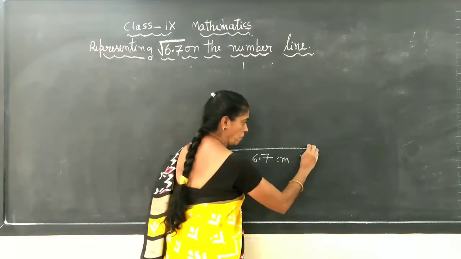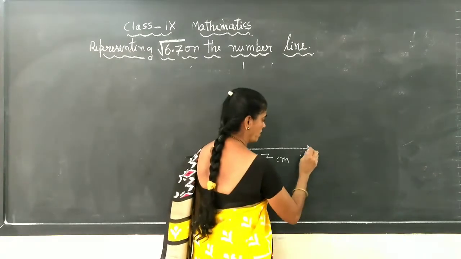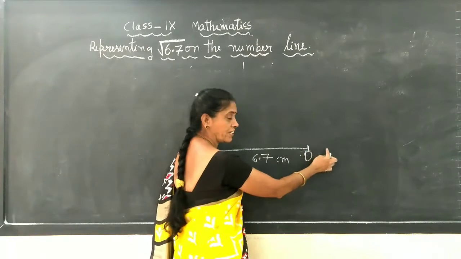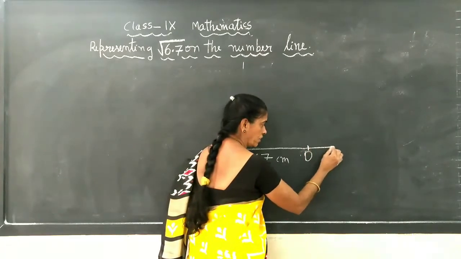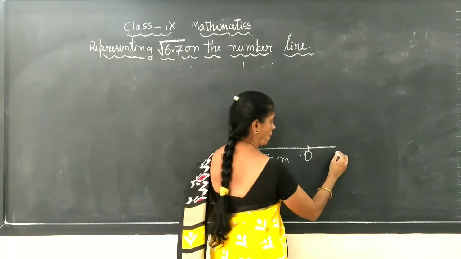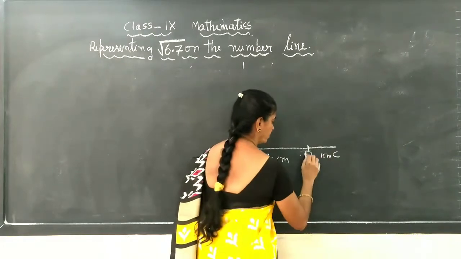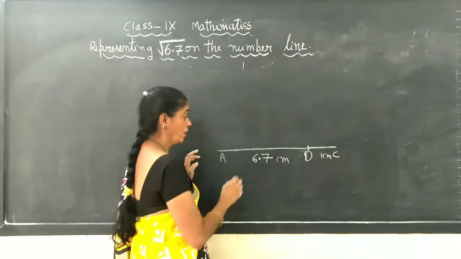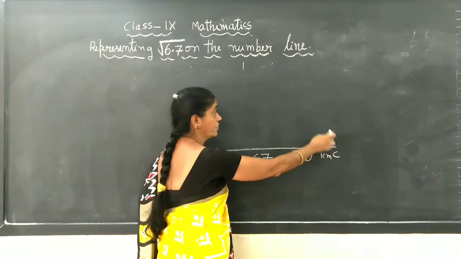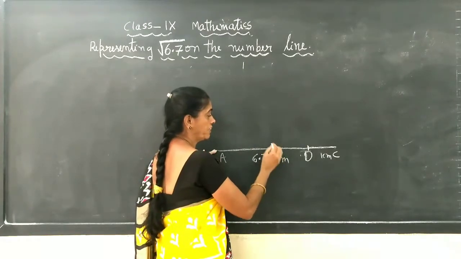Then from this end point take 1 centimeter, or whichever unit you take, here I have taken centimeter. So 1 centimeter you have to take here. Here 1 centimeter. Now AC, this big line, its midpoint you have to find. So let it be the midpoint here.